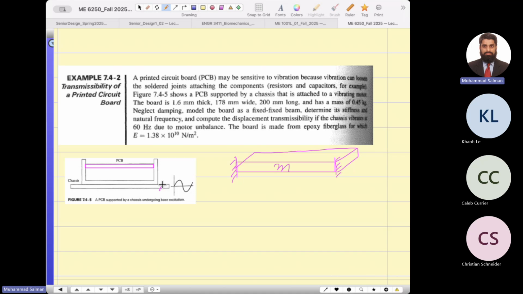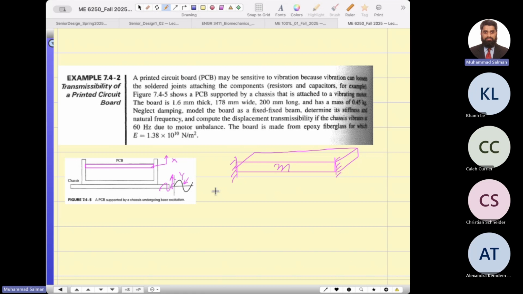The transmissibility from this motor goes into the PCB circuit board. This is X, not M. This is my transmitted displacement to the printed circuit board when the chassis is vibrating at a certain frequency, which is 60 hertz. So the forcing frequency is 2 pi f, which is 60.